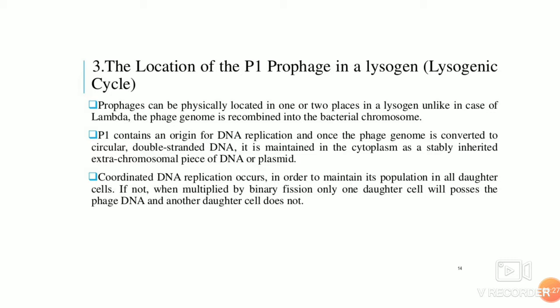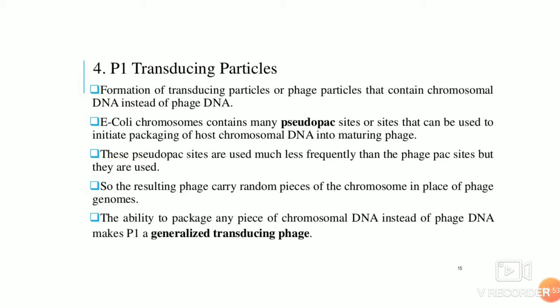Once the phage genome is converted to circular double-stranded DNA, it is maintained in the cytoplasm as a stably inherited extrachromosomal piece of DNA. Coordinated DNA replication occurs in order to maintain its population in all daughter cells. That is, when a cell divides, one of the plasmids goes to each cell.